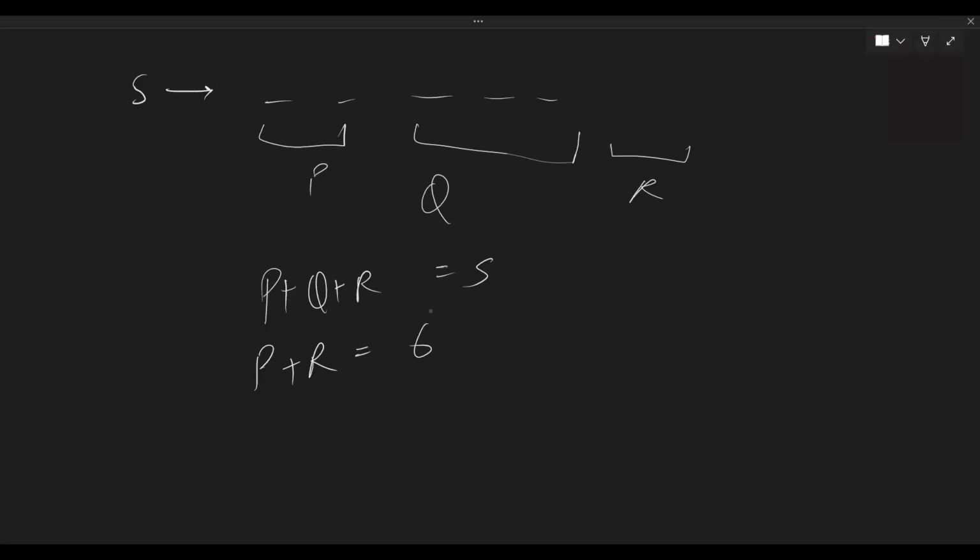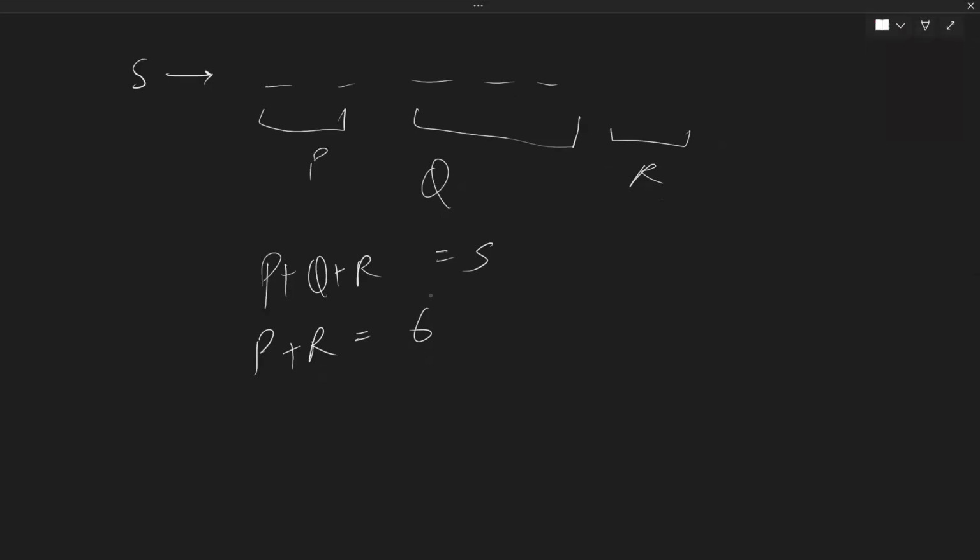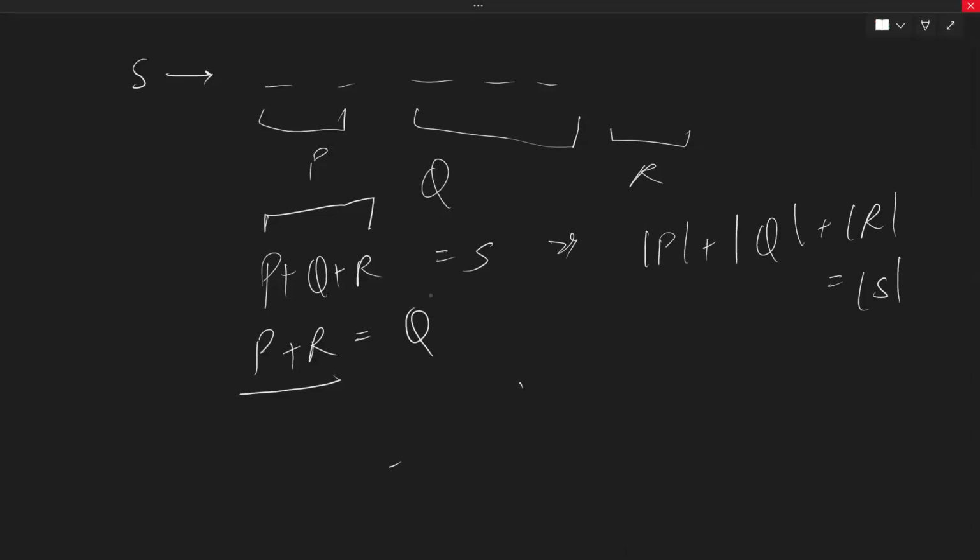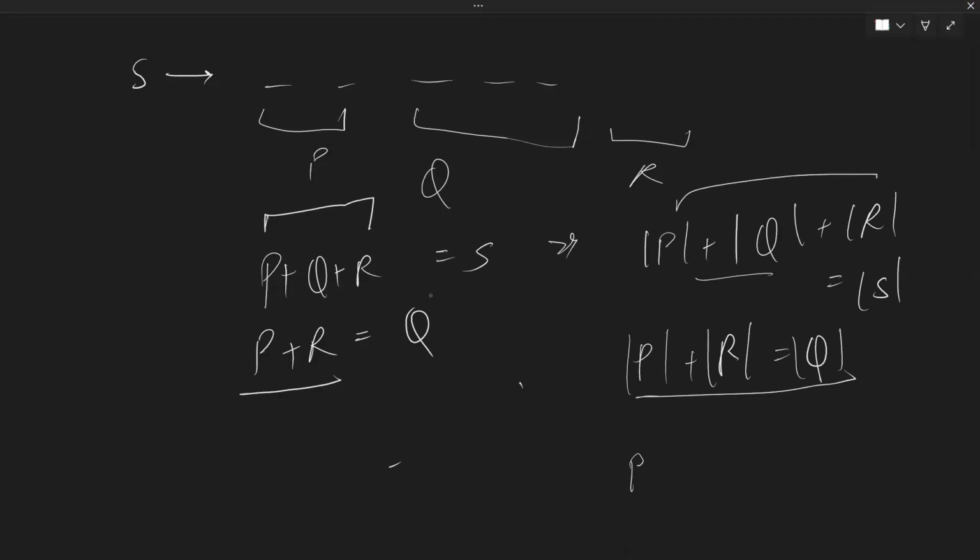P plus Q plus R is S, and P plus R is Q. So now let's just replace P plus R with Q. Looking at the lengths, the length of P plus the length of Q plus the length of R is equal to the length of S. Similarly, the length of P plus the length of R is equal to the length of Q. If I replace these, the length of Q plus the length of Q is equal to the length of S. So 2 times the length of Q is equal to the length of S. So what is the length of Q?